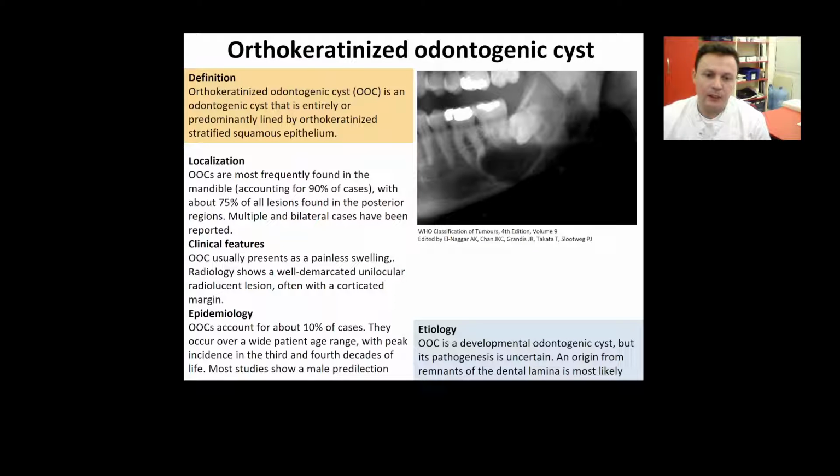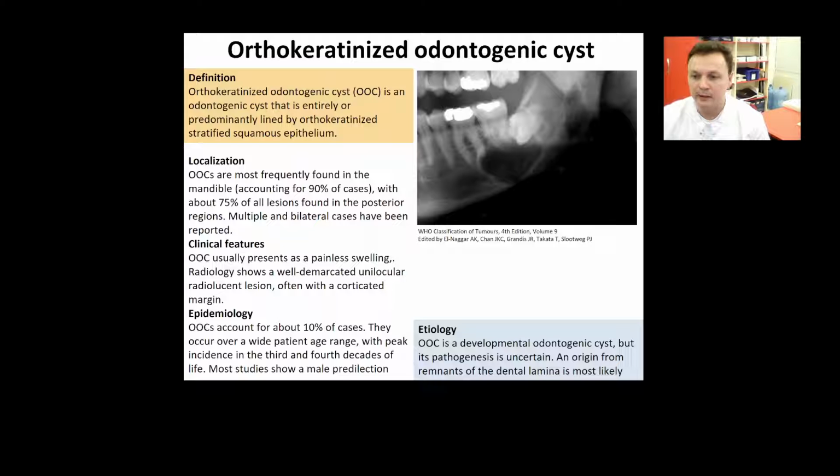Orthokeratinized odontogenic cyst, or OOC, is an odontogenic cyst that is entirely or predominantly lined by orthokeratinized stratified squamous epithelium. OOCs are most frequently found in the mandible, accounting for 90% of cases, with about 75% of all lesions found in the posterior region.